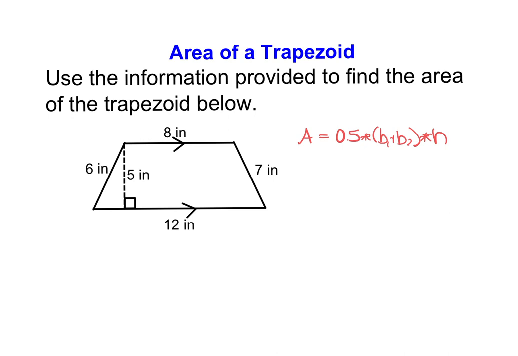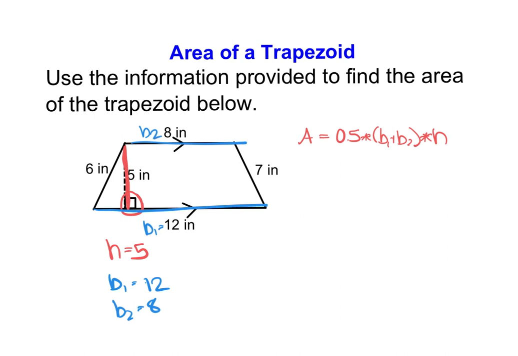My height is this value right here that connects the two bases with a 90-degree angle, representing the actual height of that trapezoid. So my height is equal to 5. Then I need to find my two bases, which are the two parallel side lengths connected by the height. I typically do base 1 as the bottom, which is 12, and base 2, which in this case is 8 on the top.